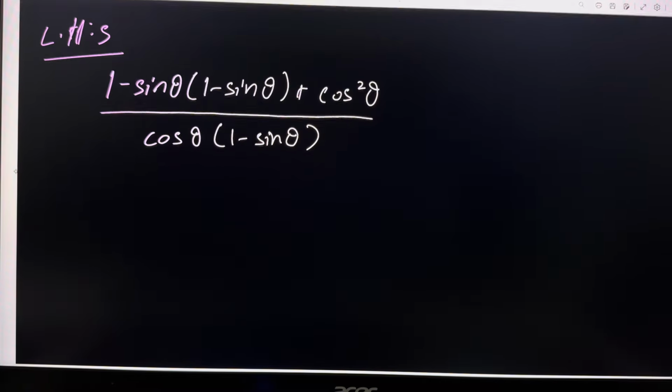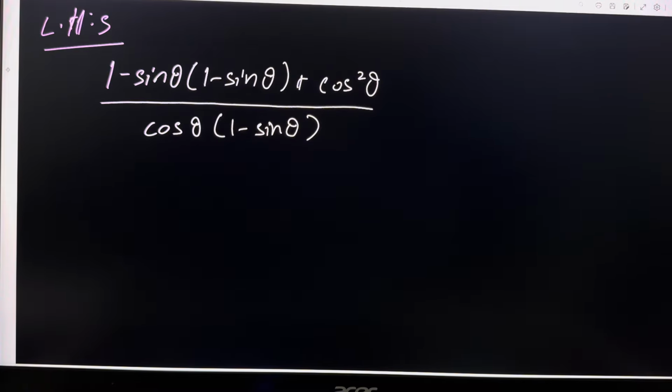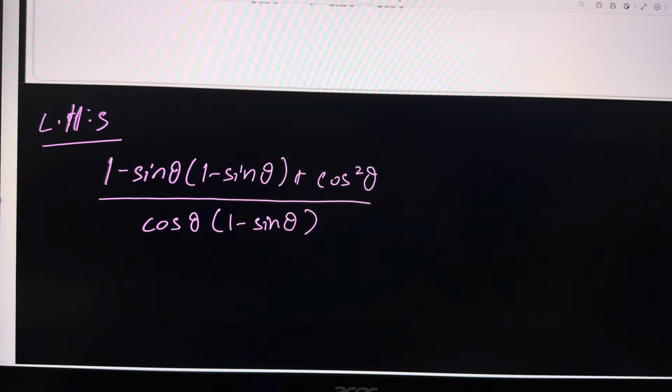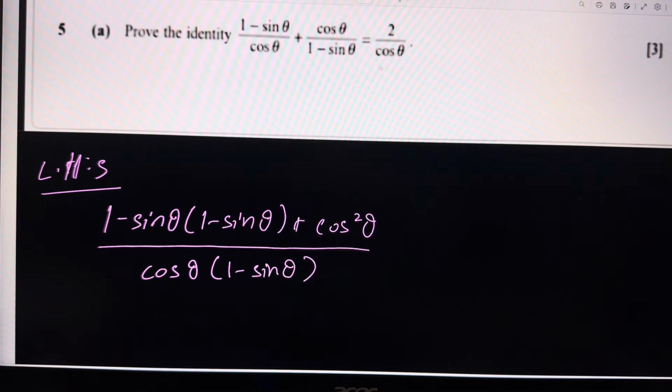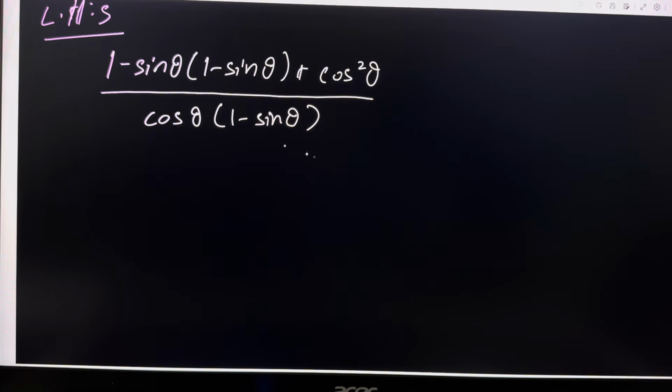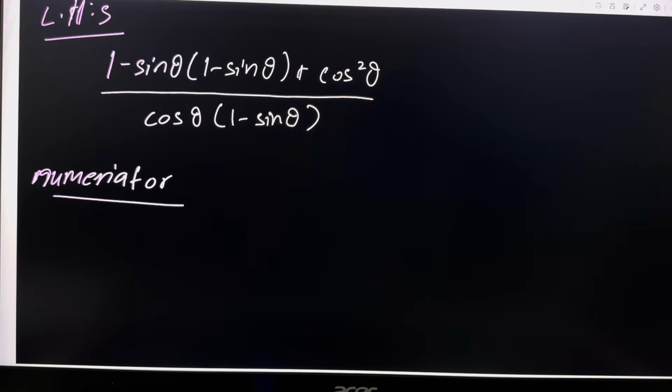I don't like to do that, because if you look in the identity, we have cos theta isolated, so we might have a numerator which cancels with this, so we can leave the denominator like so. I'm just going to solve the numerator first.